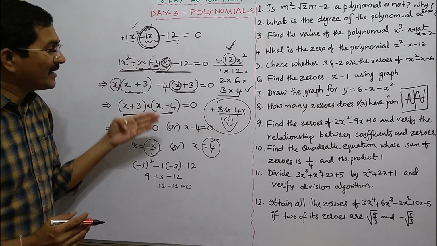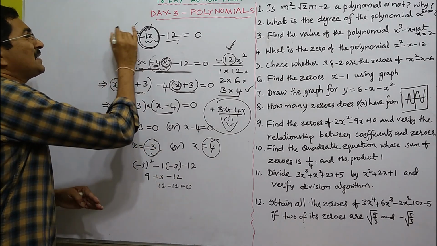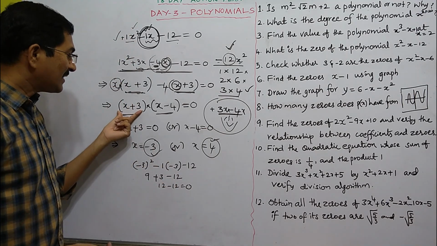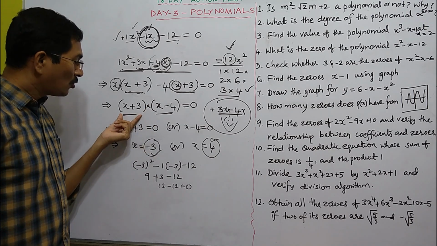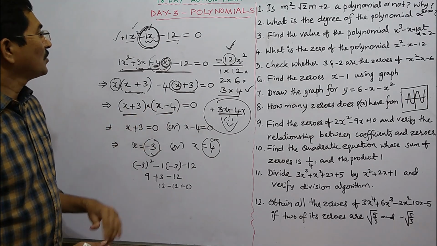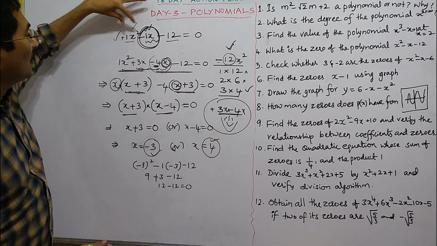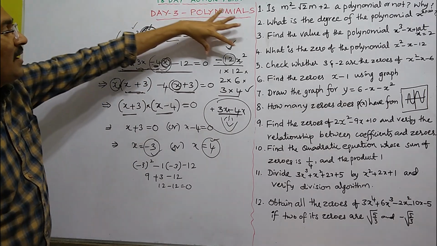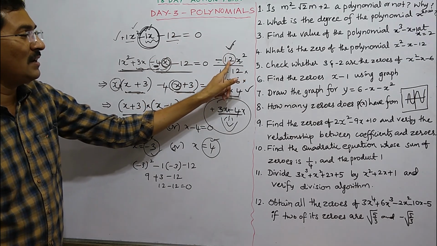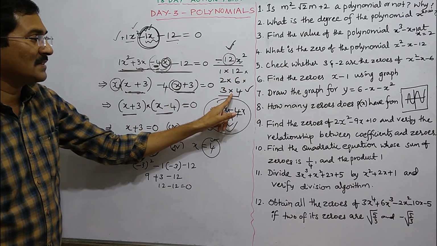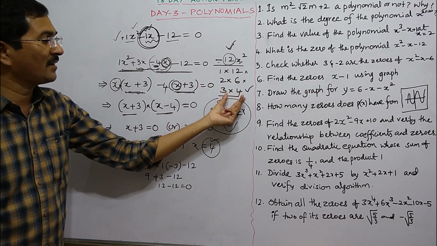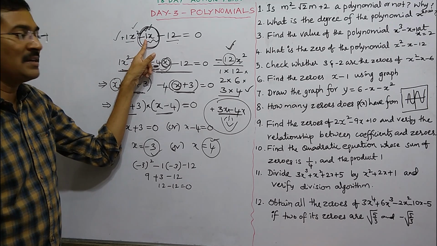So this is how we find the 0 of a quadratic polynomial. You will simply factorize first. Factorize means writing it as a product of two polynomials with degree 1. So how do we do that? You will multiply the first term and the last term and write it there. Then considering only the coefficient without symbol, you will write all its factors, and depending on the symbol, you will either add them or subtract them in order to get the coefficient of the middle term.